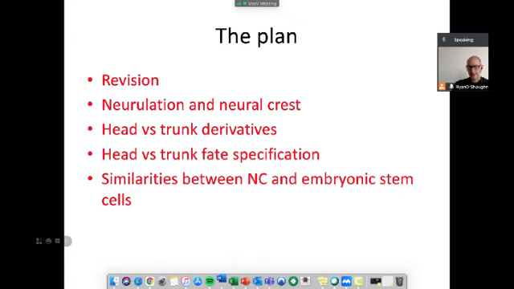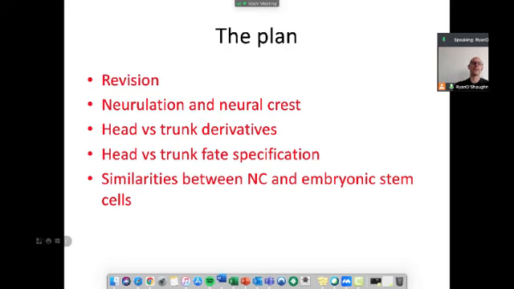So that's the end of this lecture. What did we look at? We looked at revision, and we looked at the process of neurulation and the formation of the neural tube. Then we looked at how that produces the neural crest cells.